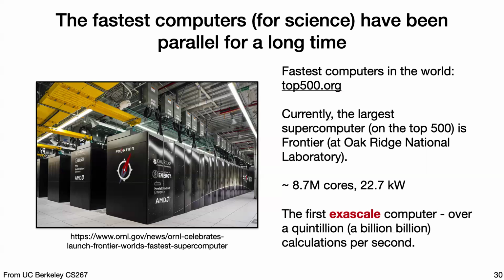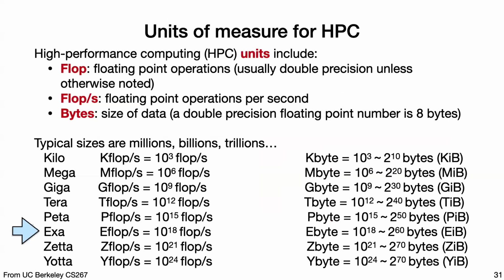So these are huge distributed machines, and people are interested in building them. Exascale has a clear definition. The basic unit of HPC is called a flop, which is a floating point operation. That's like a multiplication, usually double precision unless otherwise noted.